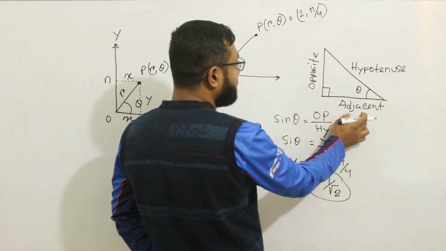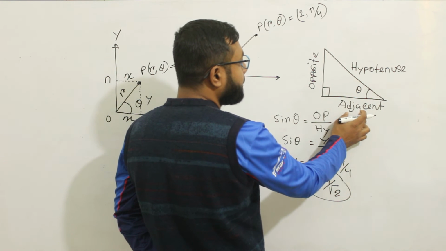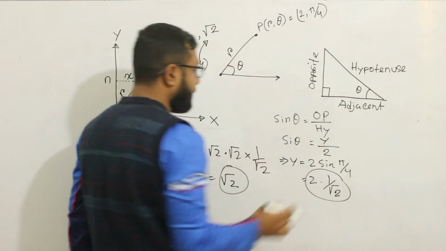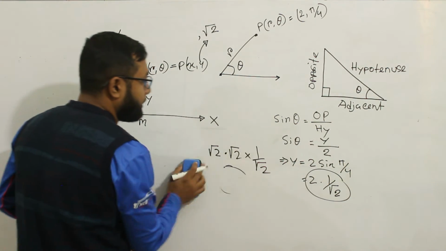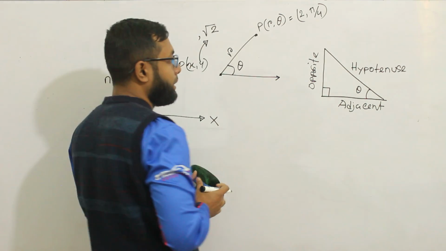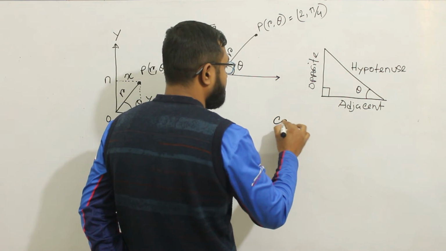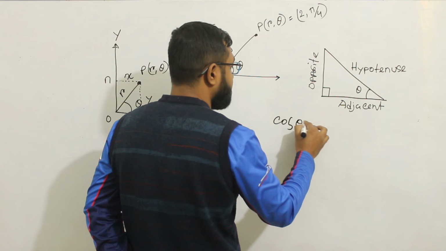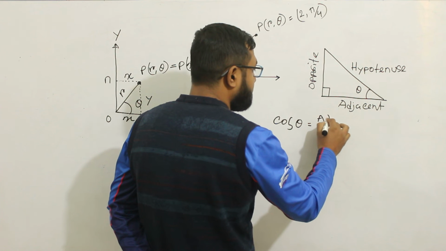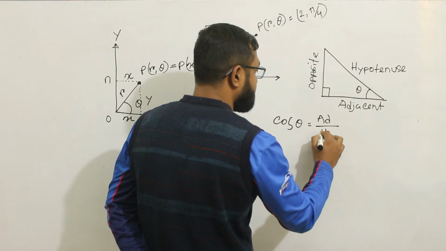We have to make a relationship between adjacent and hypotenuse. So we can write cosine theta is equal to adjacent arm by hypotenuse.